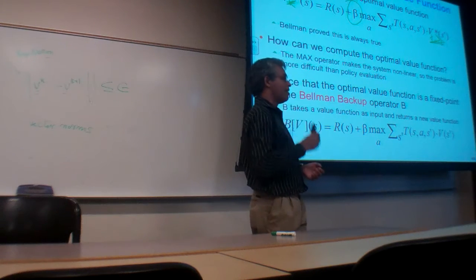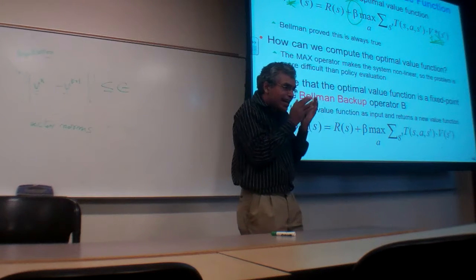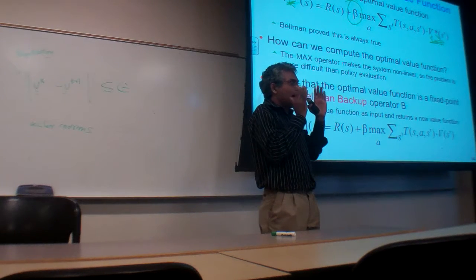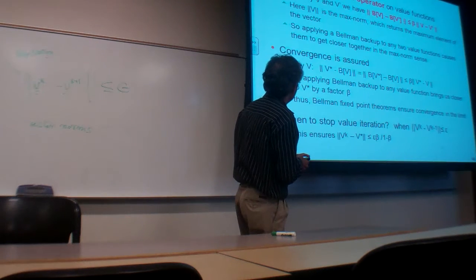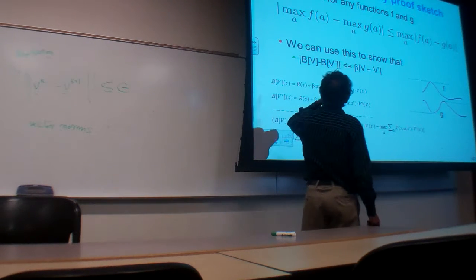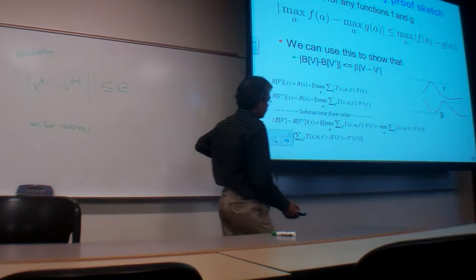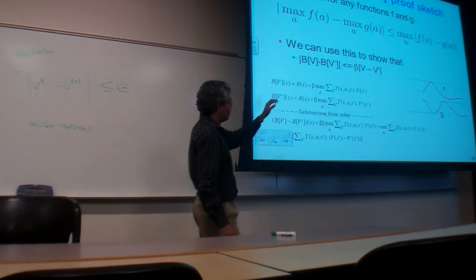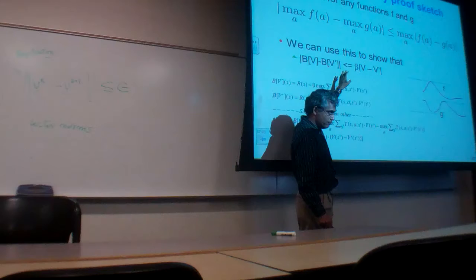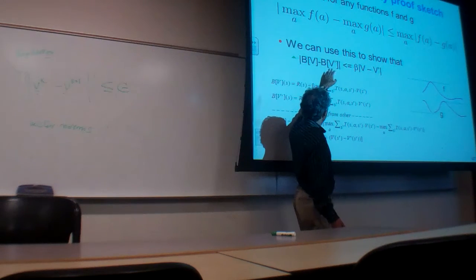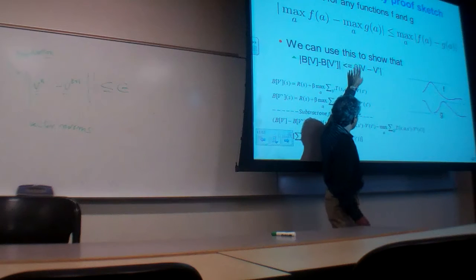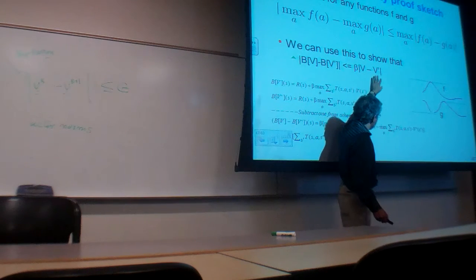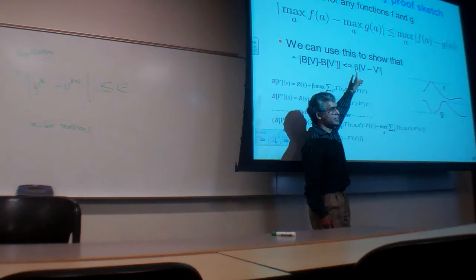So every time you apply the Bellman operation to two value functions V and V dash, the distance between BV and BV dash is less than the distance between V and V dash by a factor beta.